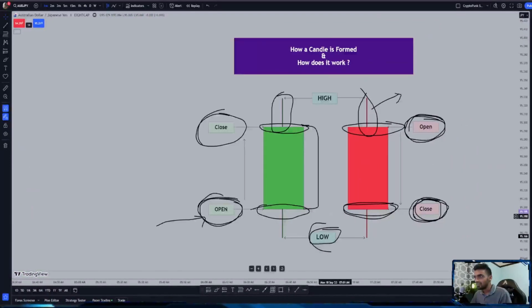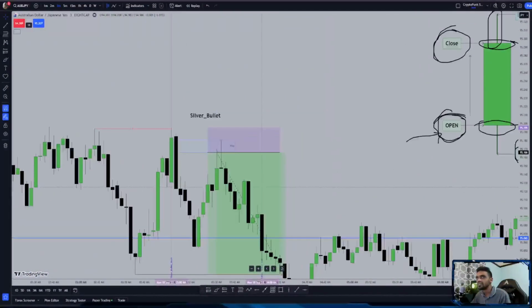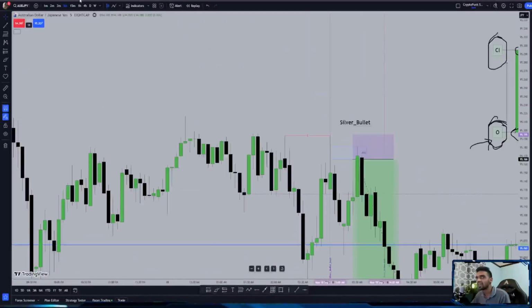What a candle represents is a certain period of time. For this one, I'm on a 1 minute chart, so each candle represents 1 minute. If I move to 2 minutes or a higher time frame, it will show 2 minutes, 3 minutes, 5 minutes, whatever time frame I'm choosing.